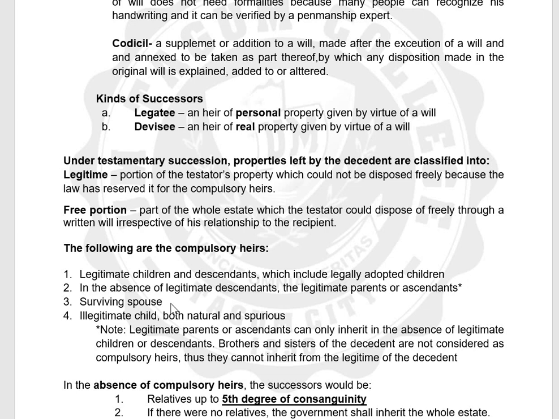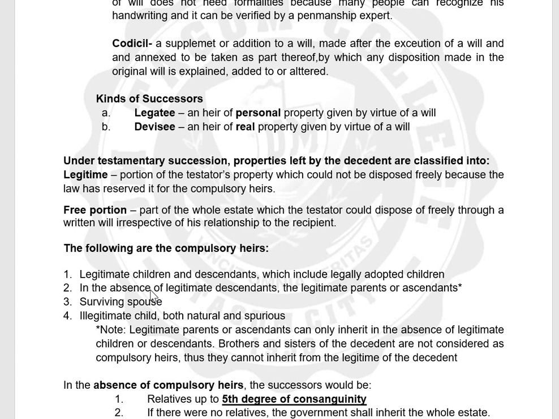Okay, so parang normally, no, ang maka-receive lang, ang may share lang sa hereditary estate is yung legitimate children, no, and si surviving spouse or illegitimate child, okay? So, in absence of legitimate children and descendants, ang maka-receive na or may share sa hereditary estate is yung legitimate parents, surviving spouse, and the illegitimate children.